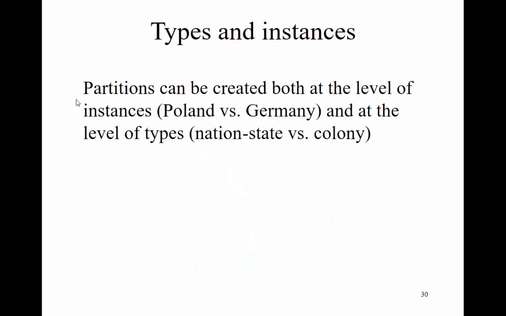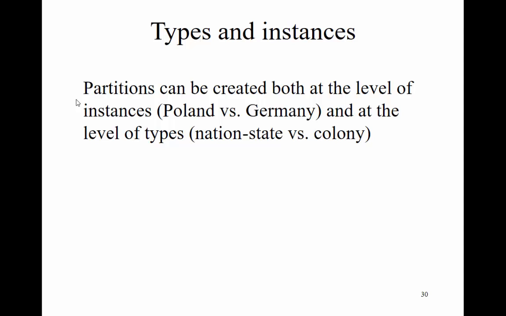All right, so there are partitions of types which are captured at different levels in ontologies, because ontologies are representations of types or classes. But then there are also partitions at the level of, and the red, green, blue is an example there, but also eukaryote, prokaryote, and rat, mouse, cow, and so on. They're all partitions at the level of classes. But Poland versus Germany is a partition at the level of instances.